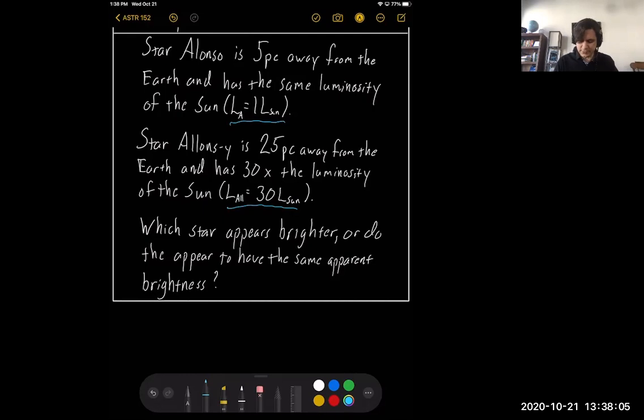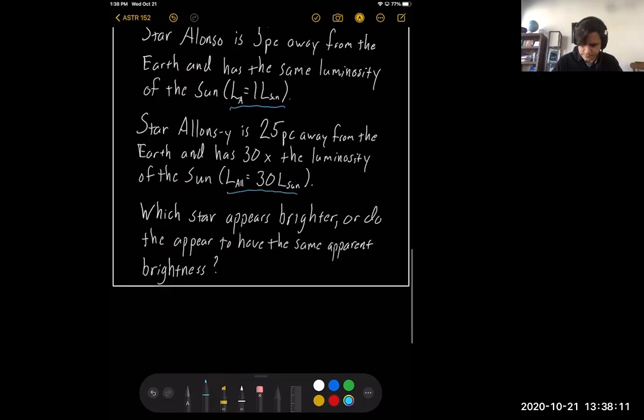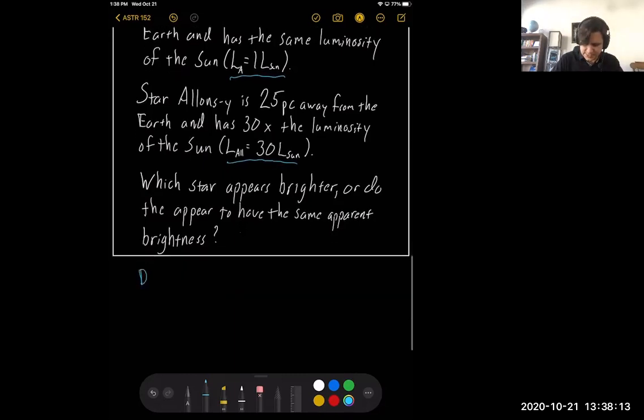All right, so let's write down the relevant information. The distance for Alonso, oops, I'm using A for Alonso. The distance for Alonso is 5 parsecs.